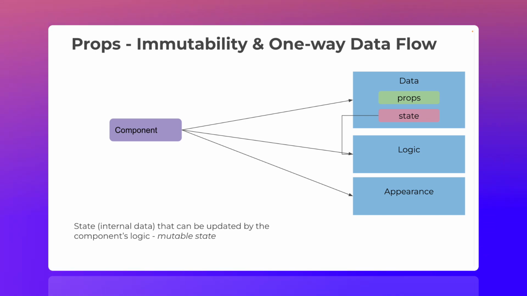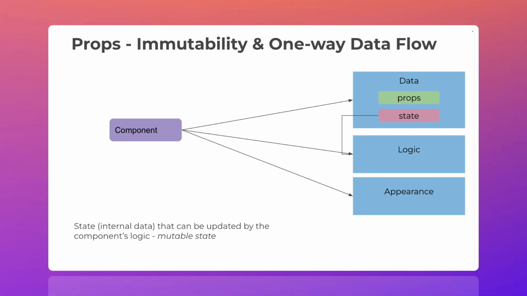That means both of these principles work together to provide a very predictable and efficient way to manage and render the UI. Keep in mind, as we've talked about, the whole reason why React is what it is is because of data and the UI. These two have to sync together.